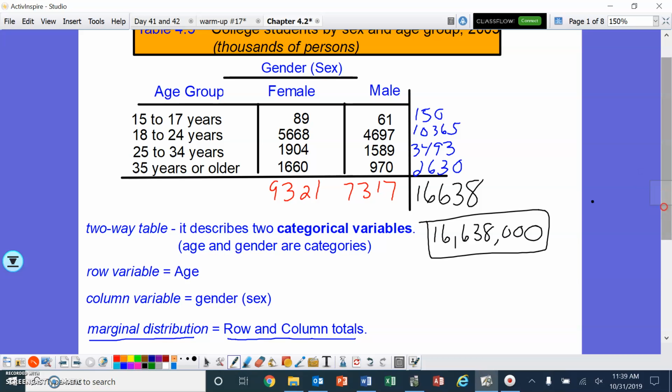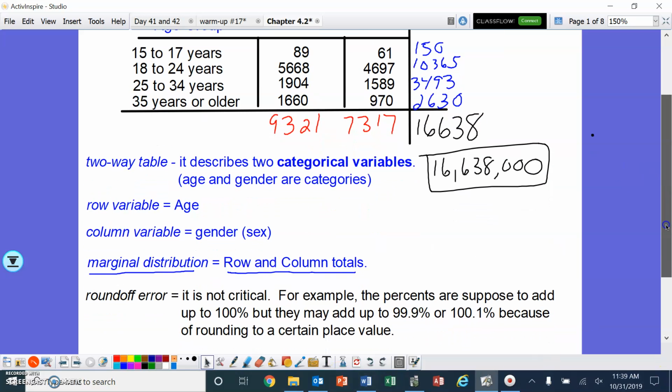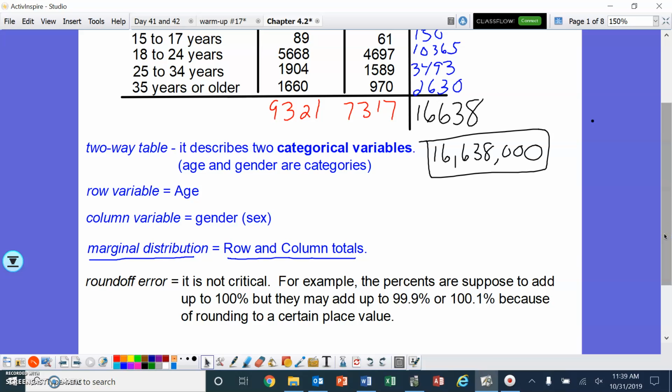Now, something we talked about in chapter 1. The next term is round-off error. Okay, we haven't done any percents in this yet. We're going to get there. But remember, round-off error, it is not critical.